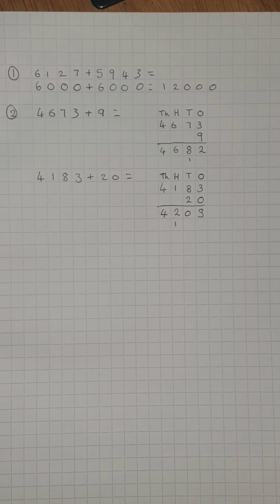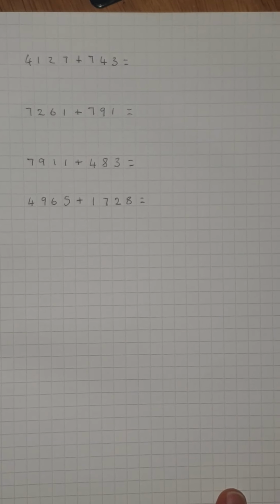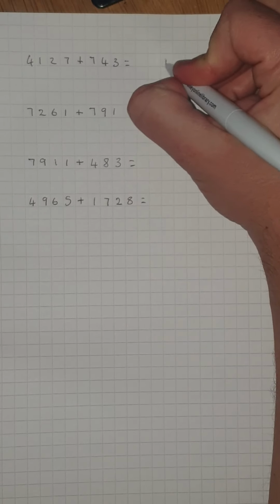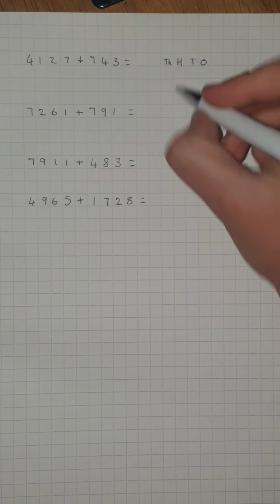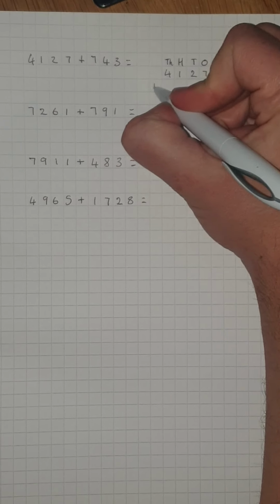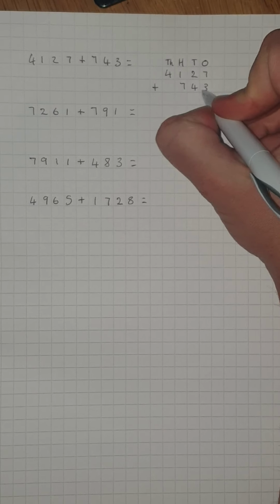Okay, and then we'll move on again, and then these are just some examples of the 3-digit addition that I was talking about. Again, I would start with my headings, so thousands, hundreds, tens and ones. 4,127 plus 743.